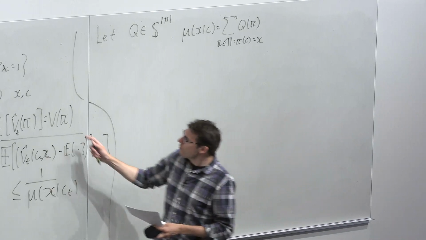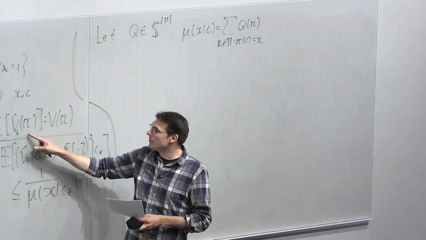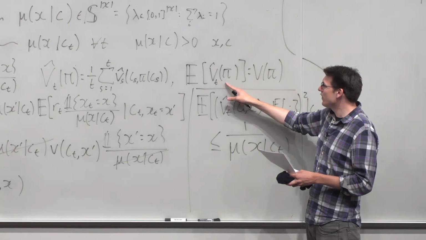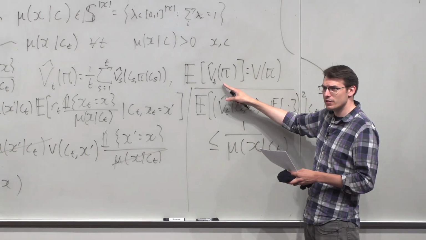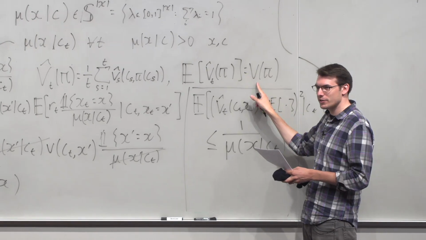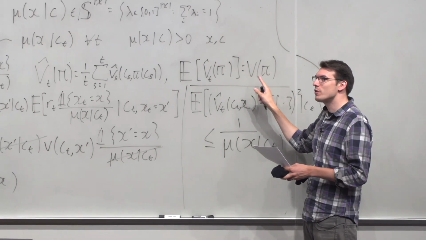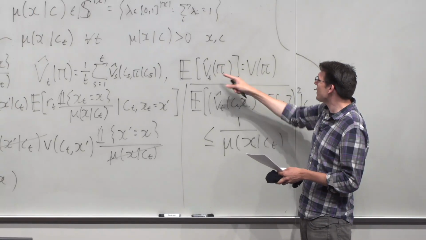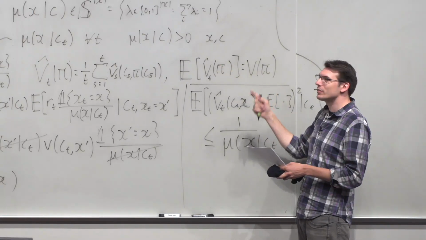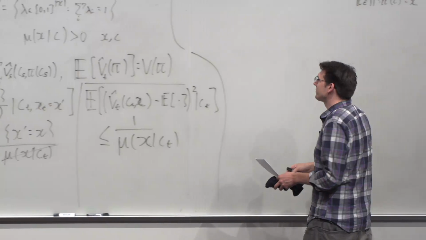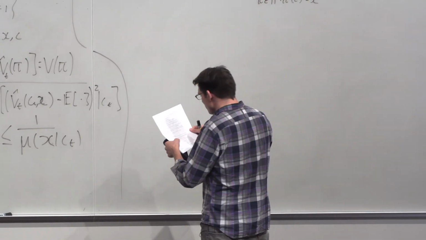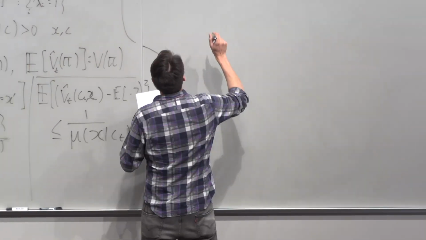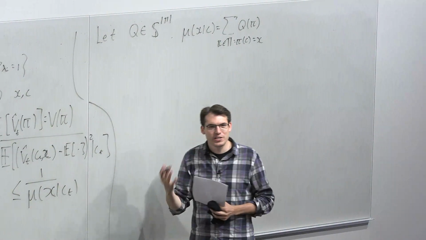And so now, what we just said a moment ago is that the expected value of v hat, the value function estimator, is equal to the value function. What that means is that v hat is an unbiased estimator of v, but it's also the least squares minimizer. And so what we're going to do is our action elimination step.